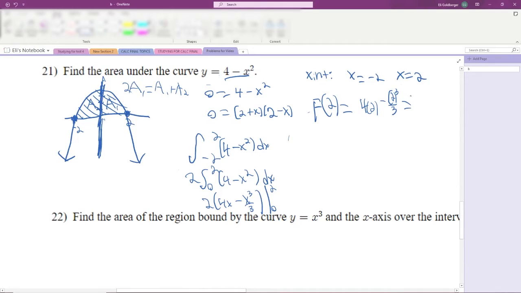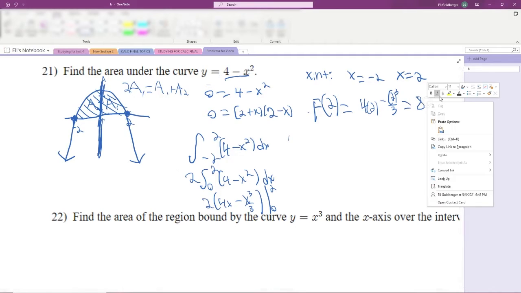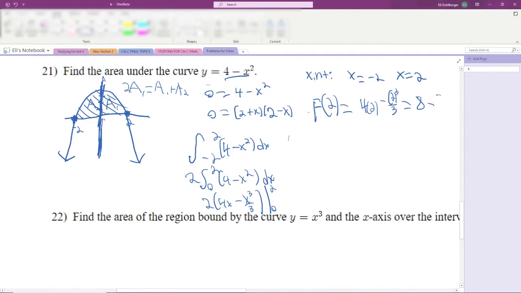What will that equal? I have not incorporated the 2, by the way. So that'd be 8 minus 8 thirds. So now f of 0 will equal 4 times 0 minus 0 cubed over 3, which is just going to be 0, obviously.